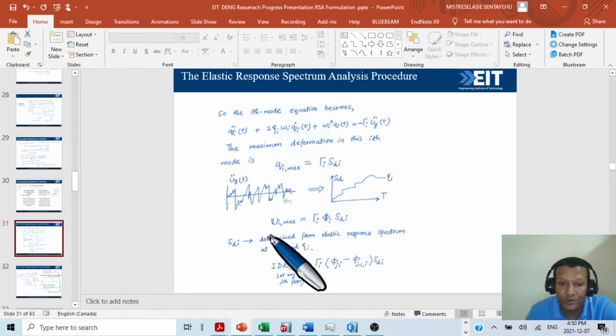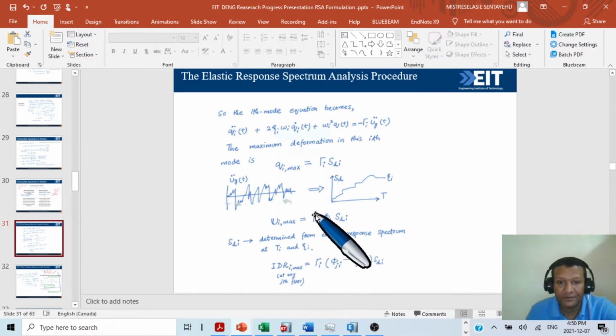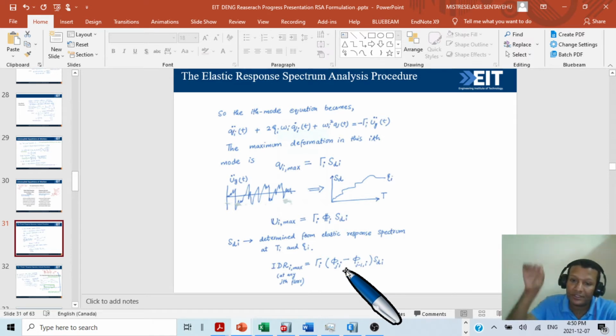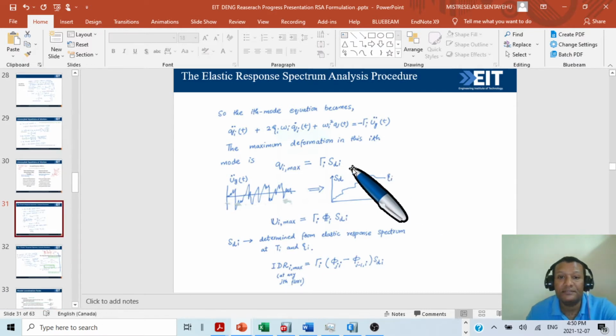After we find U max, if you want the inter-story drift ratio, as you can see here, we can do the same thing, but upper story minus lower story of the mode shape. Then we will find the inter-story drift ratio. In this way we can find it. This is the elastic response spectrum analysis procedure.